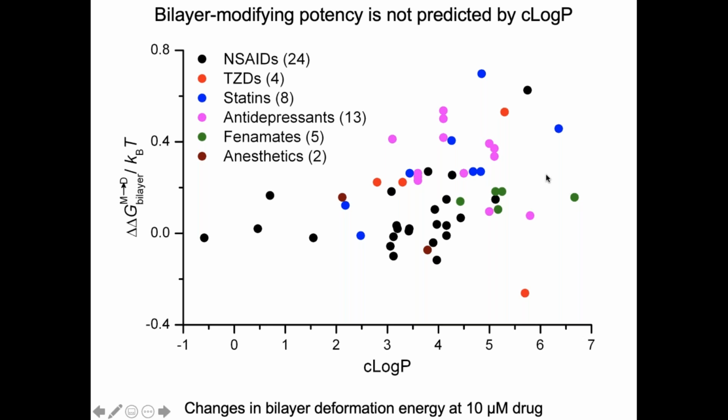As they become more hydrophobic, they are more likely to partition into the bilayer solution interface. But you see that the width of this sort of fan increases as we go out, and so, though on average there will be more bilayer modifying, we can't really use log P itself to predict to what extent a molecule is going to perturb the bilayer properties and therefore be problematic in terms of its biological effect.